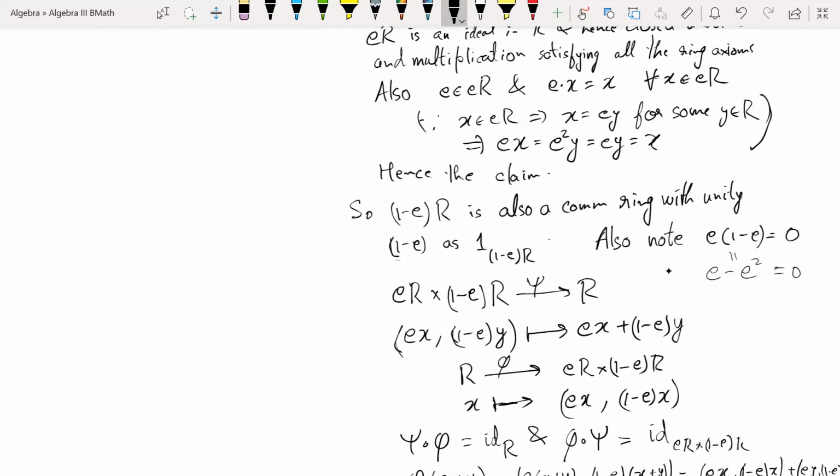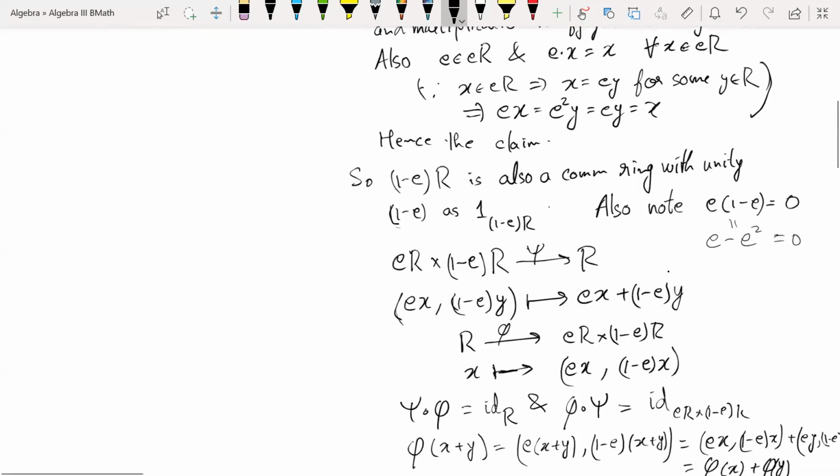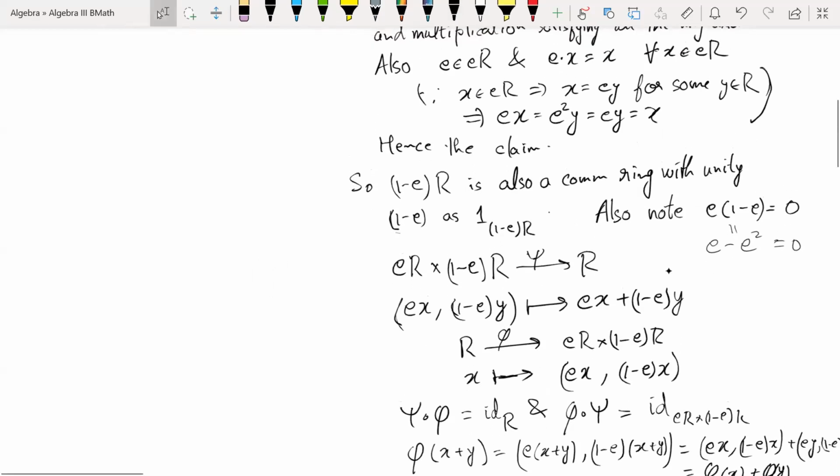Similarly, phi composed C, so you take an arbitrary element EX comma 1 minus EY. Maybe here one has to, so I haven't done this check. This one seems a little more complicated. So C will send EX comma 1 minus EY, a general element here, to something like this.